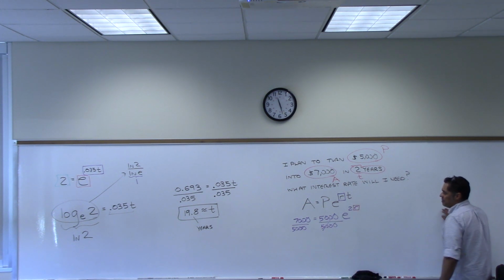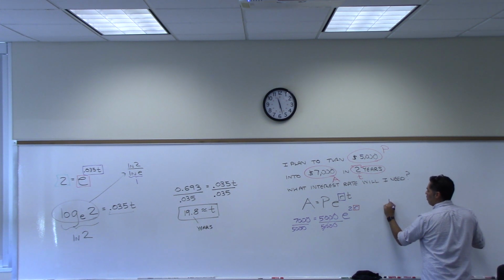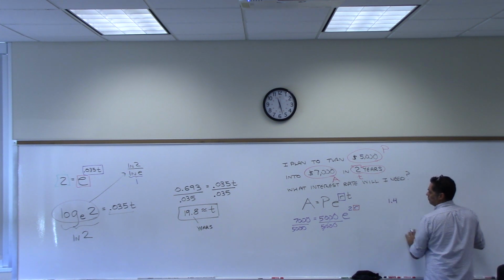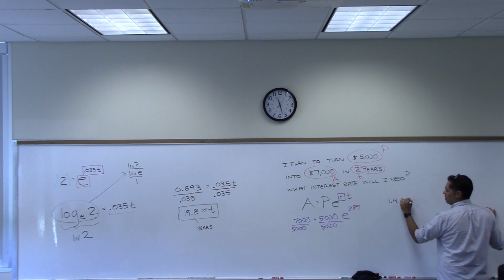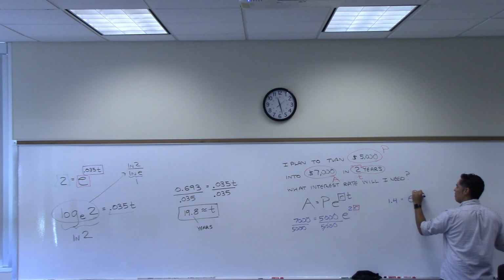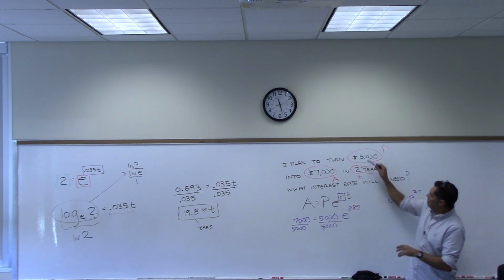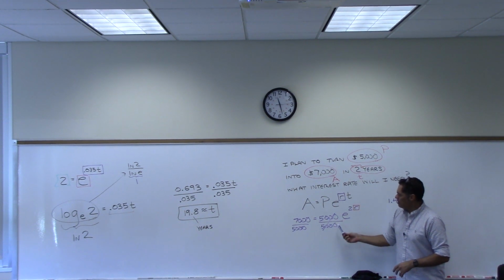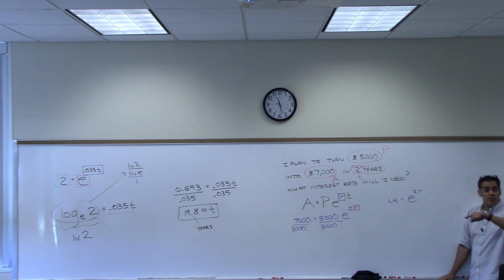Okay, the left side, 7,000 divided by 5,000, 1.4 equals e to the 2R. Again, we're just replacing everything in our formula with the numbers. Then divide by 5,000, you get 1.4 on the left. And now you should be able to come in and rewrite this with the logarithm.